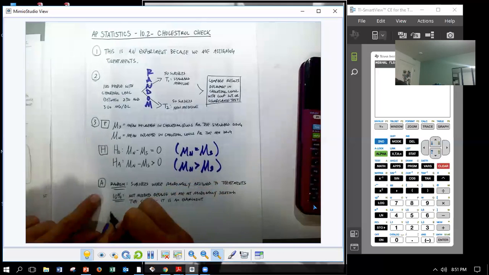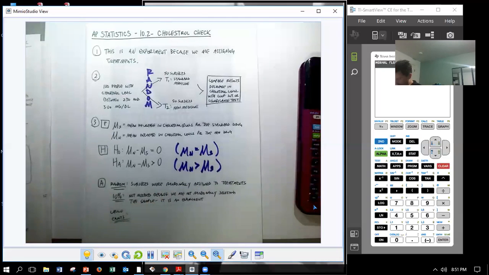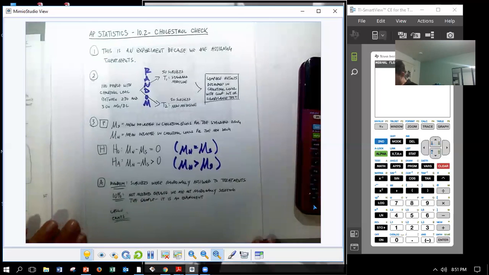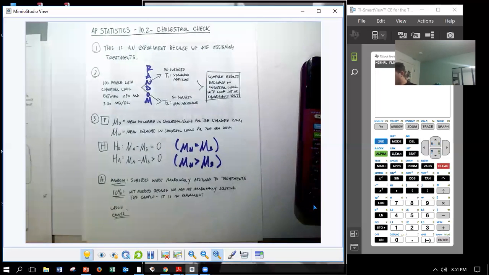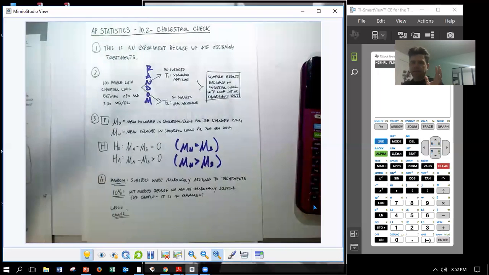And then the last one we have is large counts. In large counts, we have to make sure that we're doing it. And so how can we do large counts? We would either have to know that the populations themselves were normal. We don't know that.